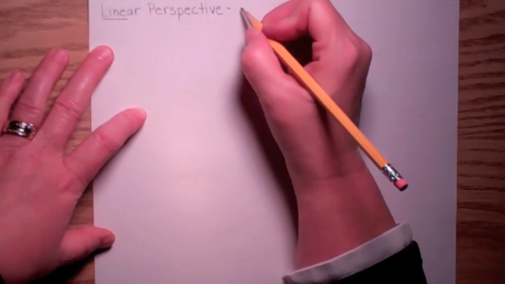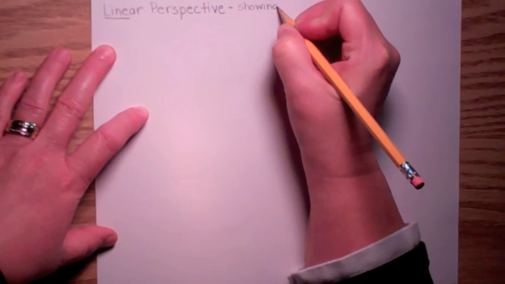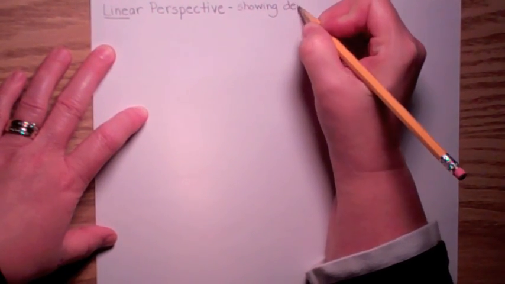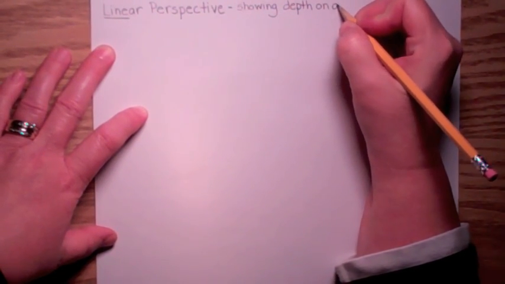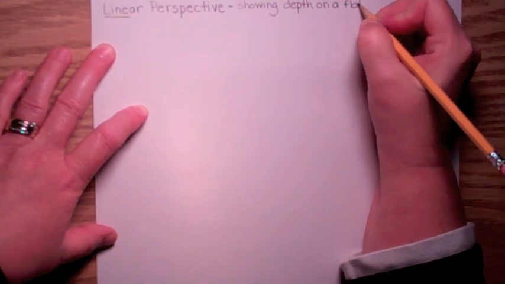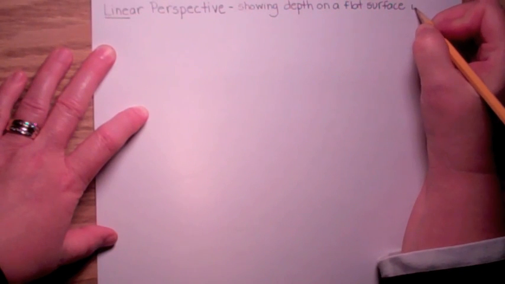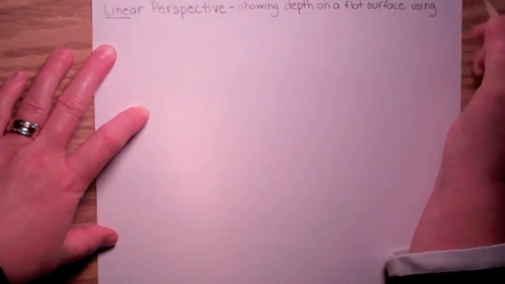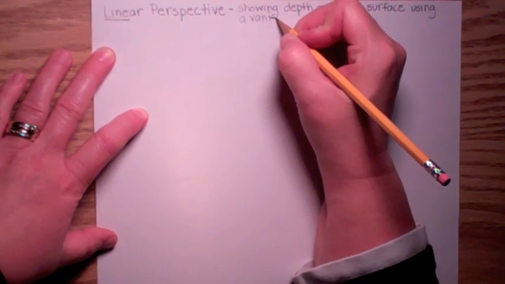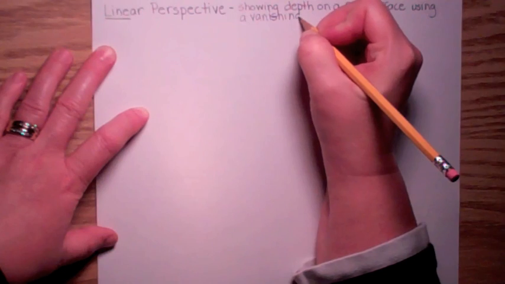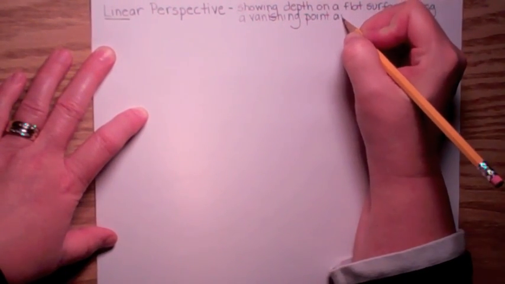Linear perspective means showing depth on a flat surface using a vanishing point and a ruler.